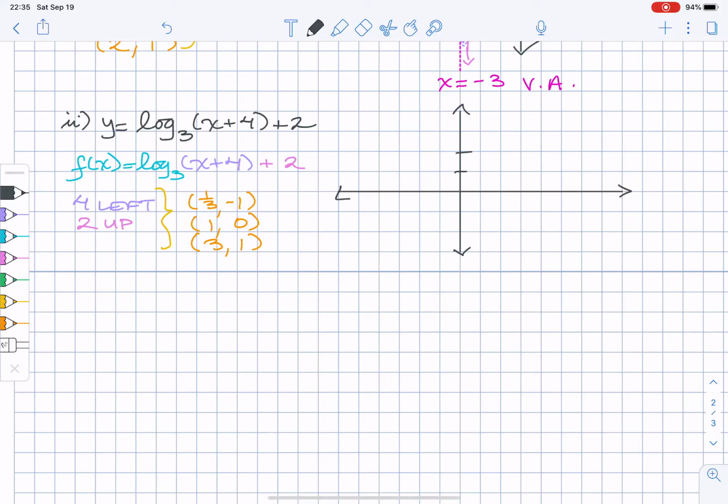Okay, so normally we would have the 3 points at (1/3, -1), (1, 0), and (3, 1).